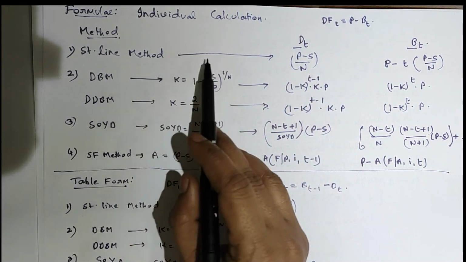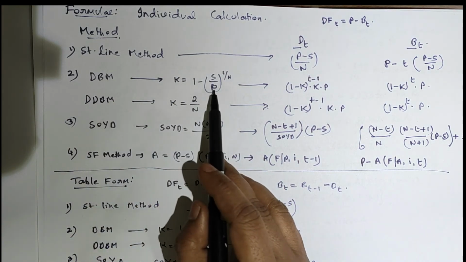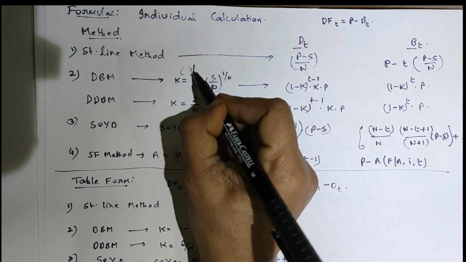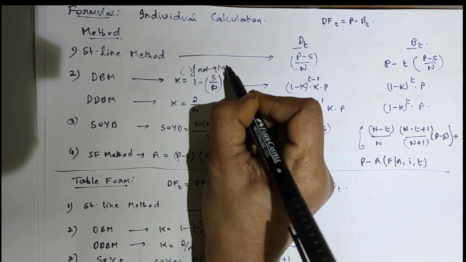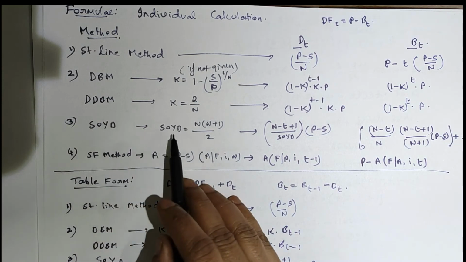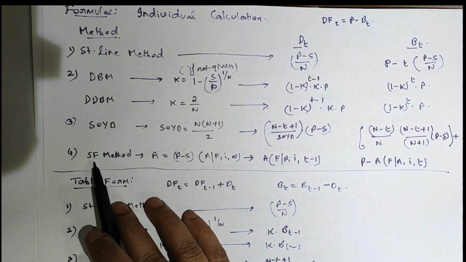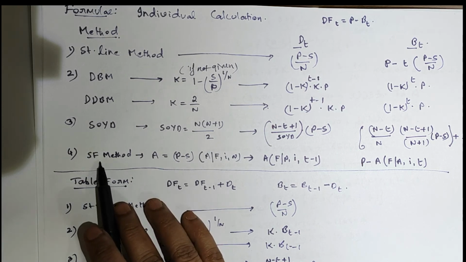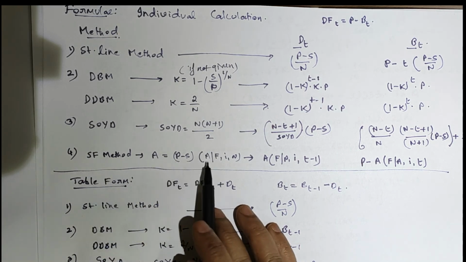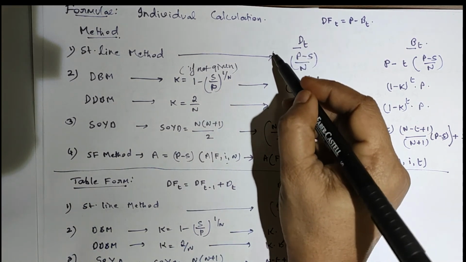For example, straight line method doesn't need anything. DBM needs K value to be calculated if not given. DDBM needs 2 by N. SOYD method needs this value, and SF stands for sinking fund method. Here this A is to be calculated using this.